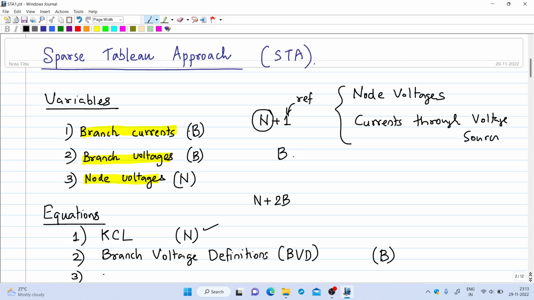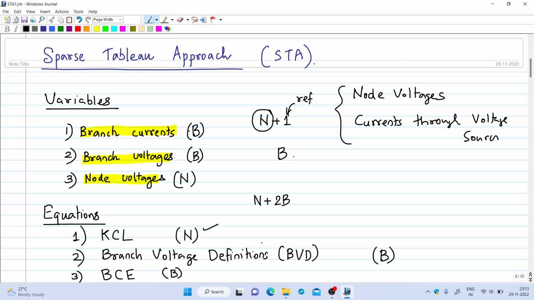Then branch constitutive equations or branch constitutive relations. For each branch, based on the nature of the element in that branch, we can write branch constitutive equations. And since there are b branches, we can formulate b such equations.